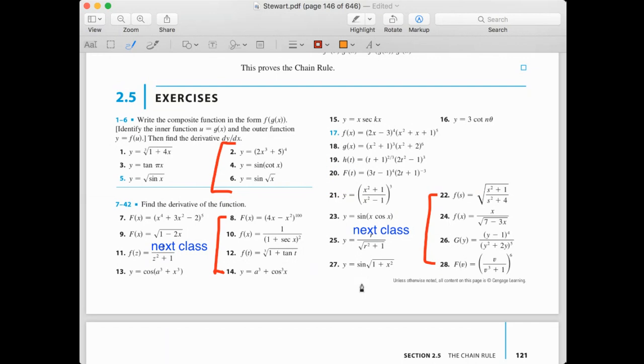Okay, Amir, we start with you. 6. Let me make you a presenter. I'm actually having trouble sharing my work, so can I just explain how I did it verbally? Yes, go ahead. So here we're given sine of the square root of x.